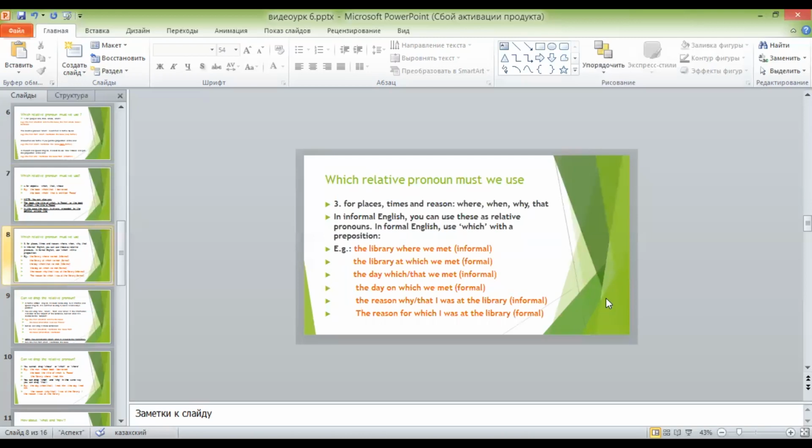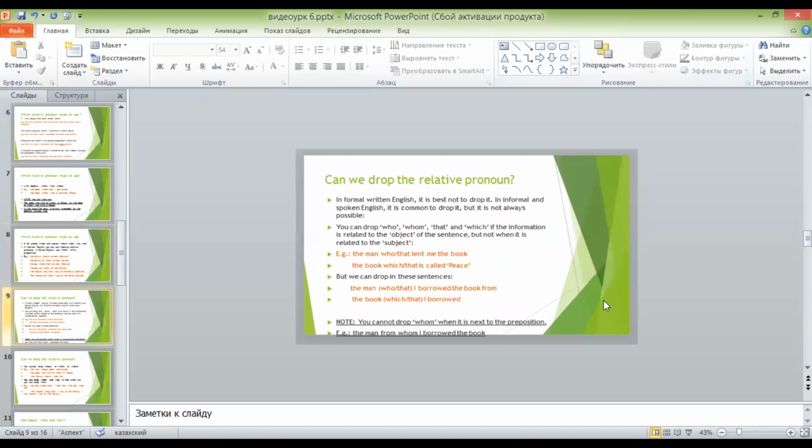For example, the library where we met in informal speech; in formal speech, the library at which we met. In informal speech, the day which or that we met; in formal speech, the day on which we met. In informal speech, the reason why I was at the library; in formal speech, the reason for which I was at the library.